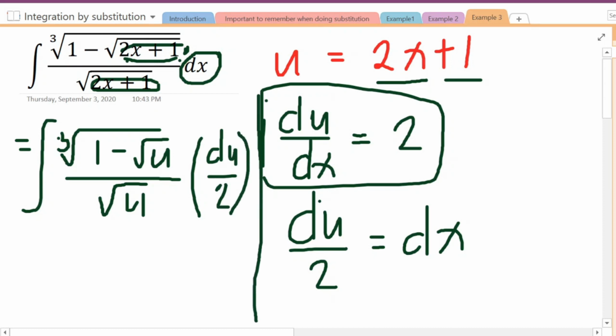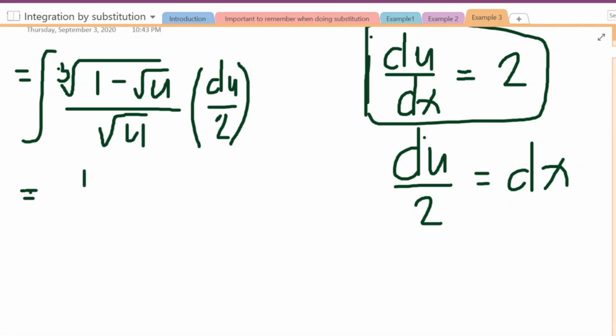This is our integral now. Let us look at this integral, cube root of 1 minus the square root of u all over square root of u. What can we do first? Well, we can factor out again our constant here. We have 1/2. Let's do that.